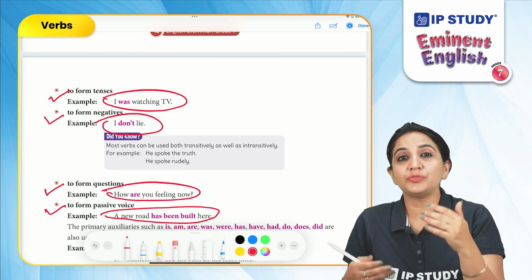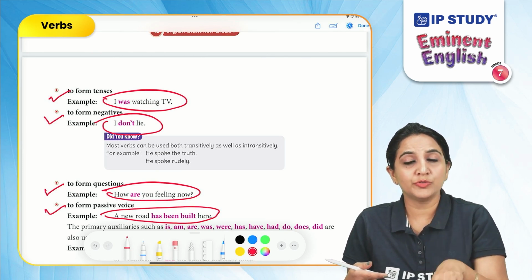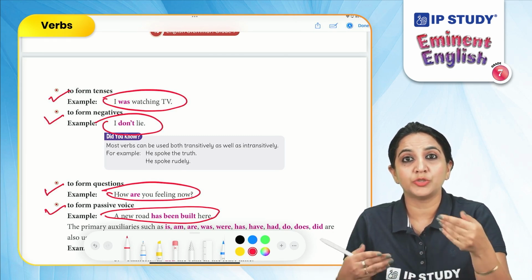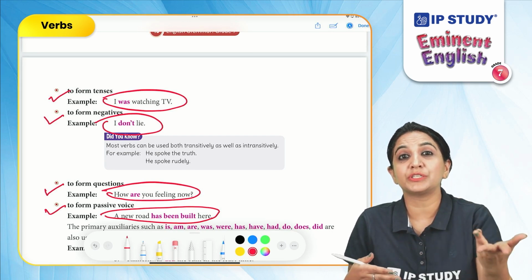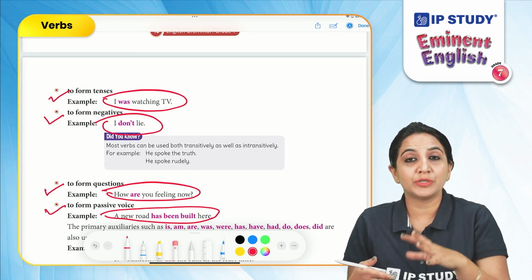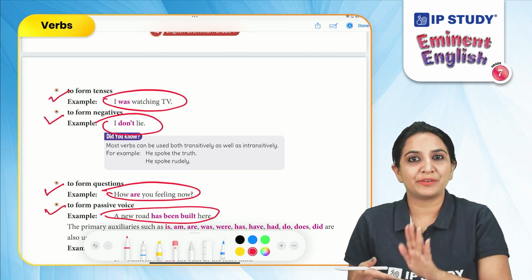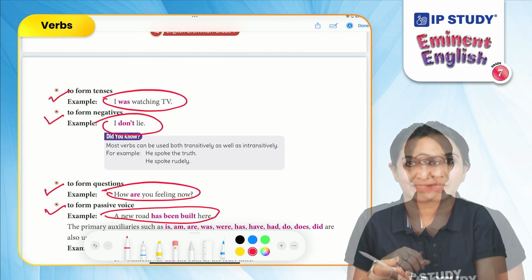But you want to change them to negative. So do is used to make a positive sentence. That means you know something, you are doing something, you are aware of it. But if you want to change it to a negative, then you can use the form of do, which is don't. Hence, the auxiliary verbs in these sentences are helping us to form negatives.